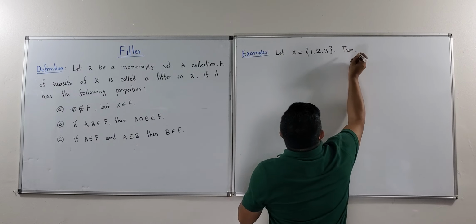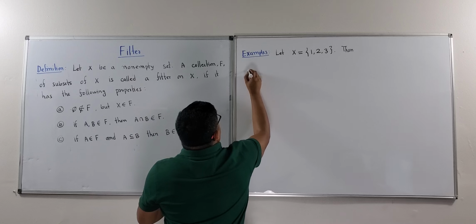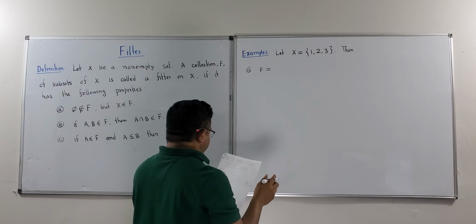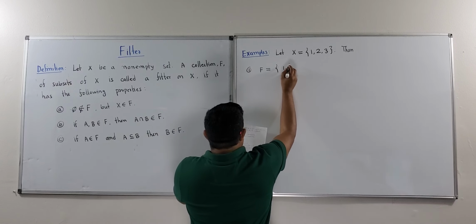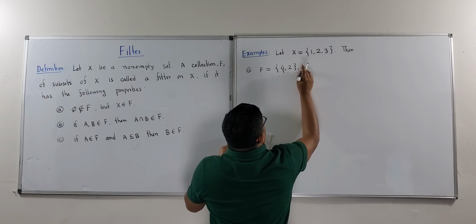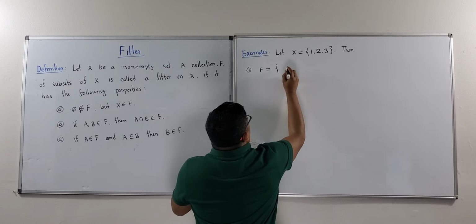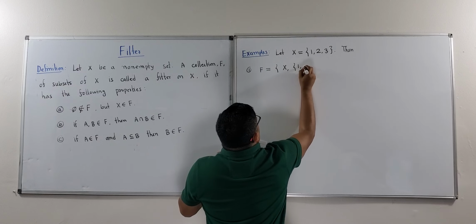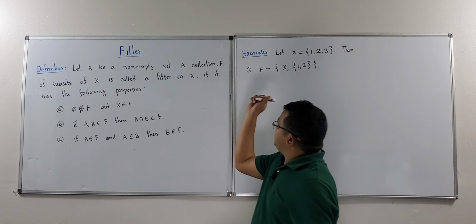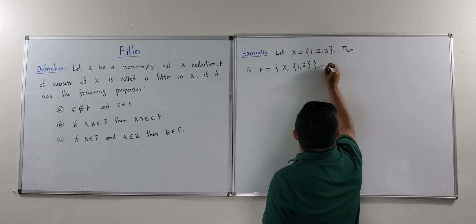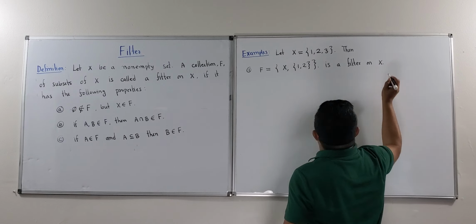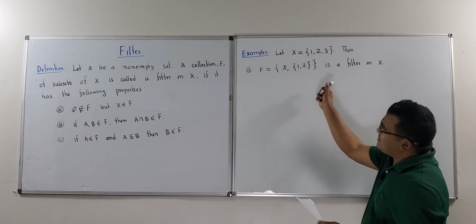Then first, the collection F, which is the whole set X and {1, 2}, because the empty set cannot be in that collection, is a filter on X. Now it satisfies all of the three properties.